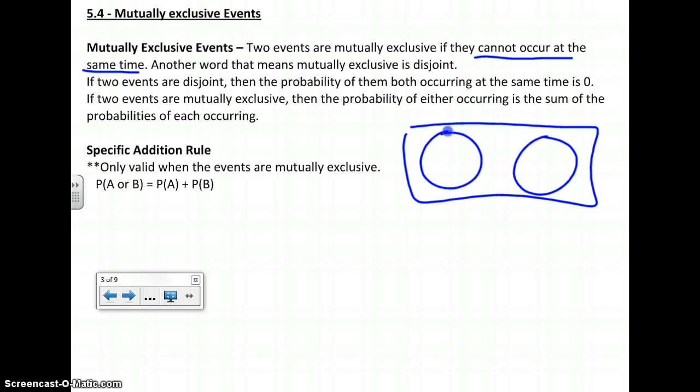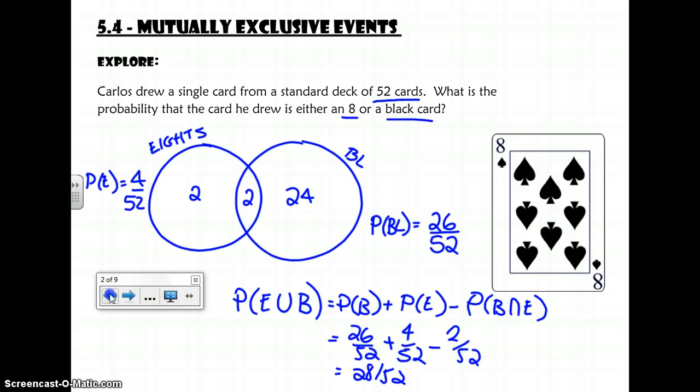So if 2 events are mutually exclusive, then the probability of either occurring is the sum of the probabilities of each occurring. If they're mutually exclusive, you can just add what's in each circle together. But if they aren't mutually exclusive, that's where you have to do like we did here, where you'd add what's in the circle and then subtract the overlapping part.